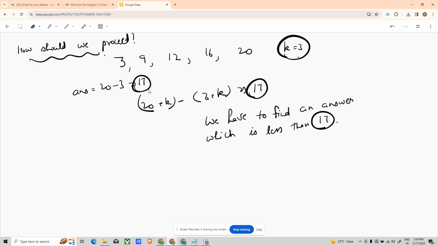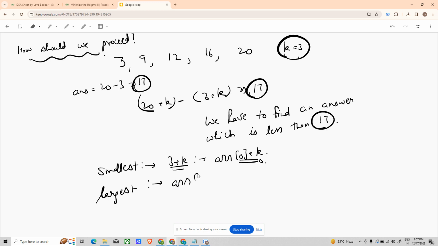I say that now the smallest tower should be of height 3 plus k, that is ARR of 0 plus k. And the largest tower should be of height ARR of n minus 1 minus k. That is 20 minus k.